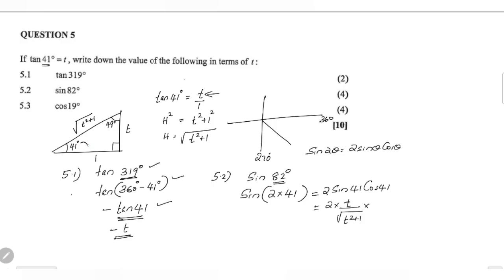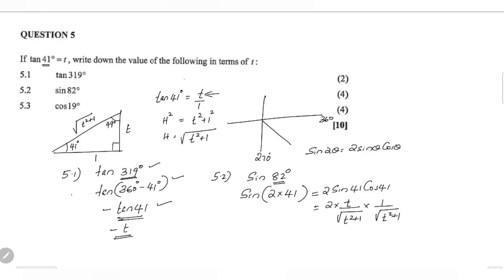What is it by definition? Adjacent over hypotenuse, isn't it? That is 1 over square root of t square plus 1. Is it clear? So that definition you need to know. So we are done, guys.